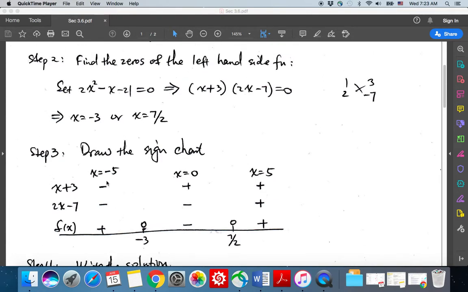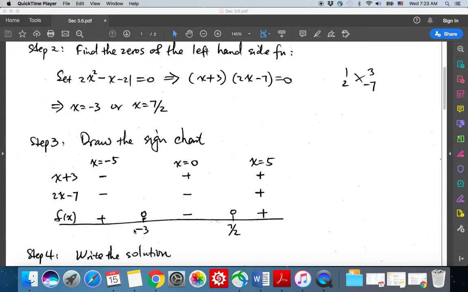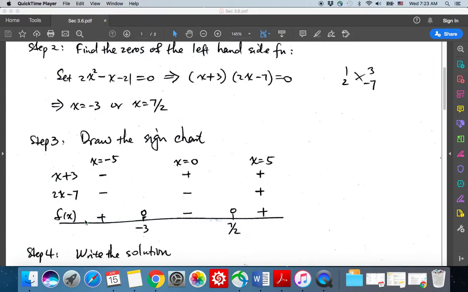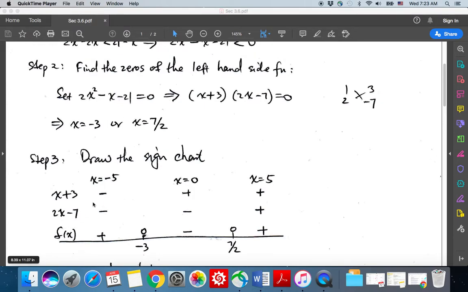To do that, we're going to pick a test point within each of these intervals. For example, for x less than -3, we can pick x to be -5 to determine the sign of the polynomial function. Of course, we can do direct substitution.